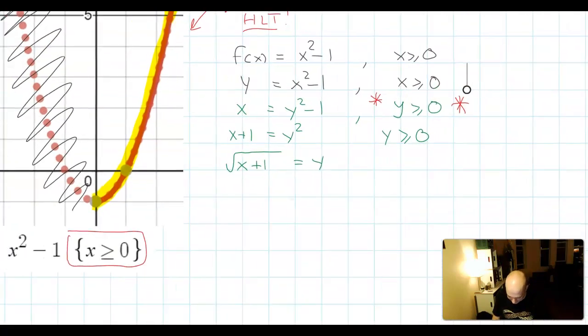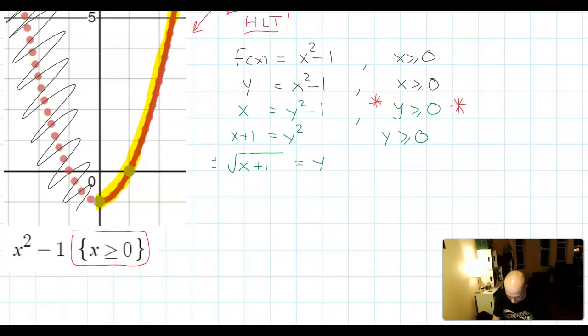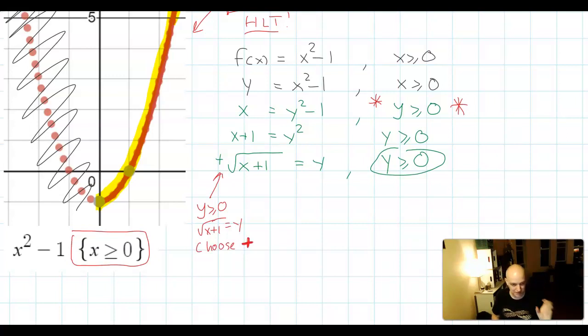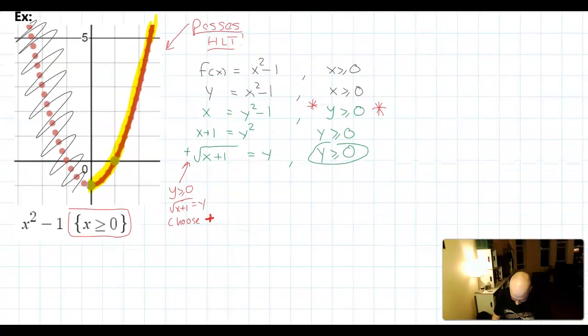In the last example, this is where I had to put a plus and minus on here. But this time, I have this statement that y is greater than or equal to 0. And so I don't actually put a plus or minus on here, because since y is greater than or equal to 0, and the square root of x plus 1 is equal to y, I'm going to choose just the positive version of this function, and that's going to be my f inverse.